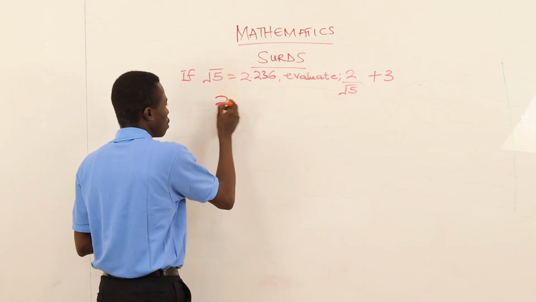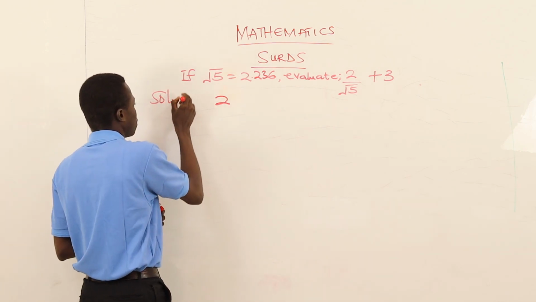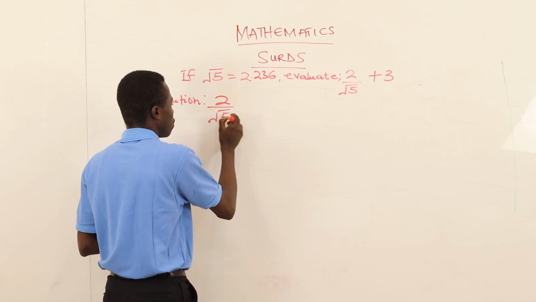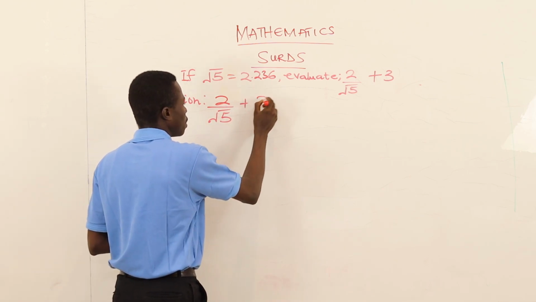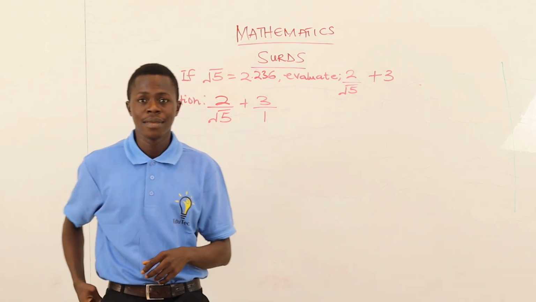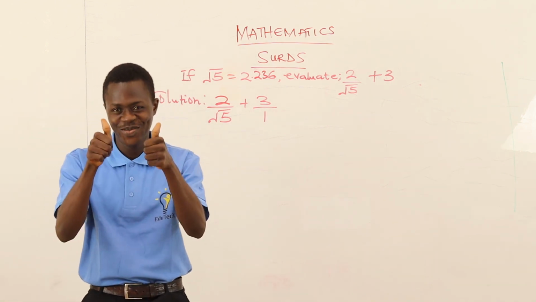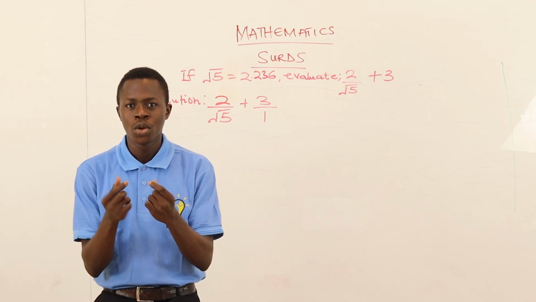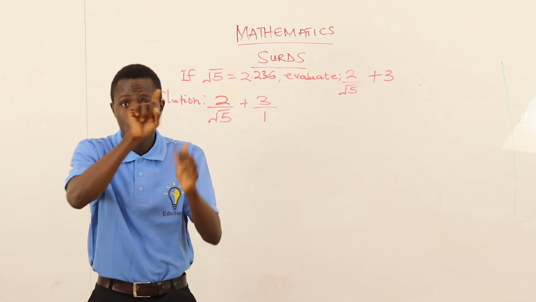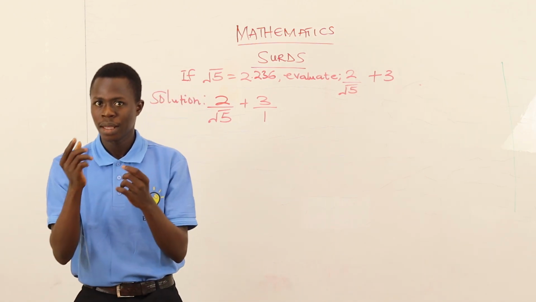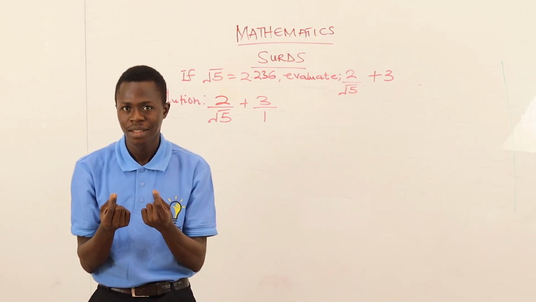So our solution is going to be 2 divided by square root of 5 plus 3 divided by 1. Now what do we do next? So with the denominators, we have square root of 5 and then we also have 1.